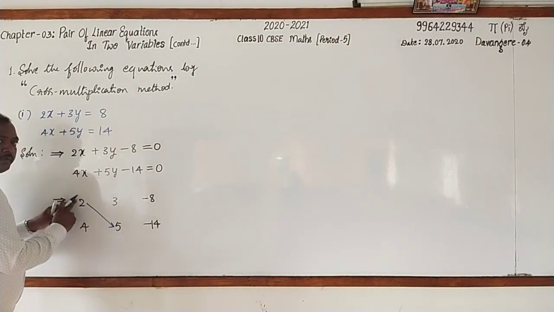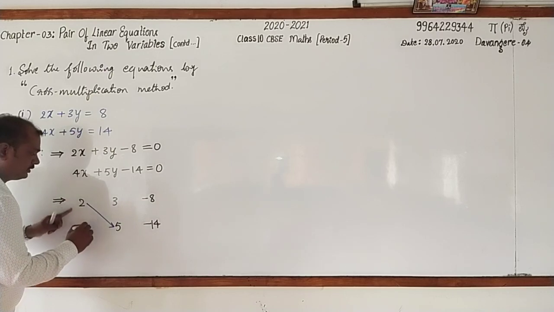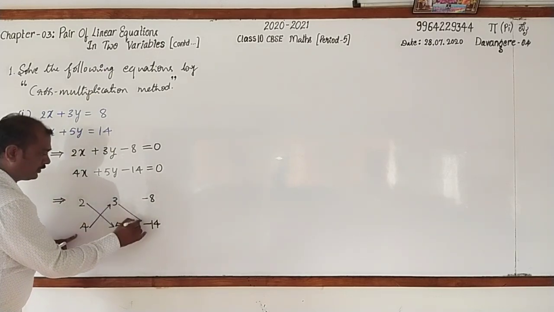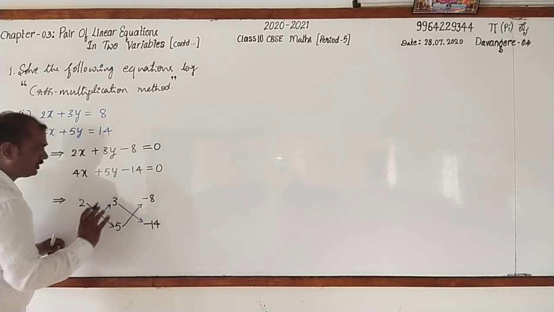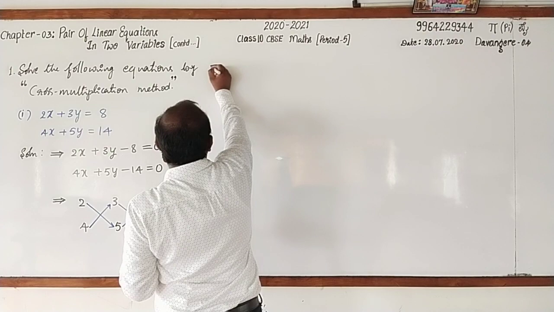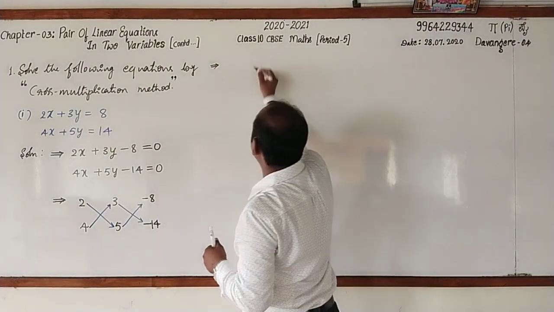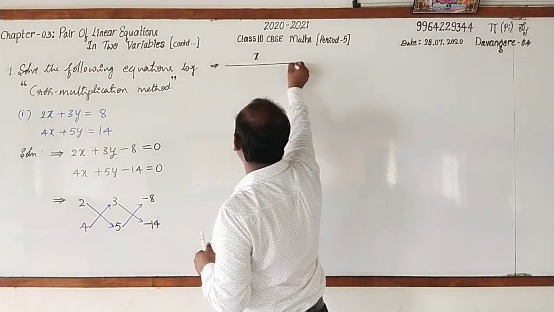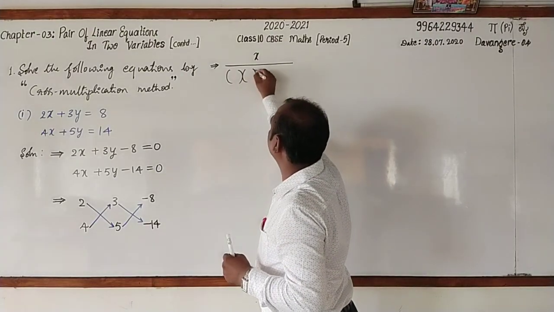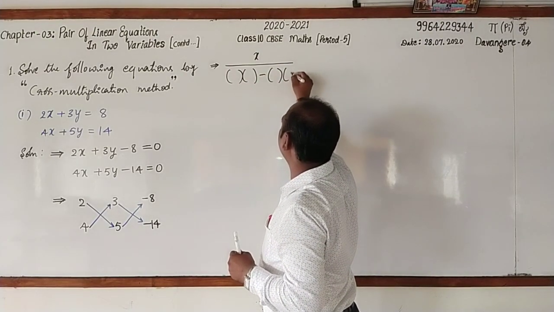Next, you will use the cross multiplication method. First, top of left corner to bottom of right corner. Then bottom of left corner to top of right corner. Follow this way. The step I am going to write is very important. Observe, x by 4 terms: 1, 2, minus 3, 4.